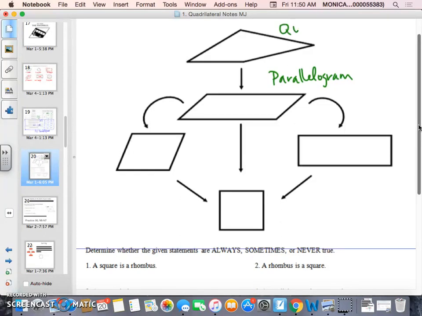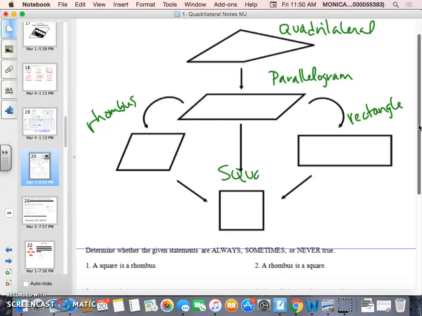This is a quadrilateral. From a parallelogram, we've got a rectangle and a rhombus. And finally, we can go all the way down to a square. So I want you to label what's congruent on everything.